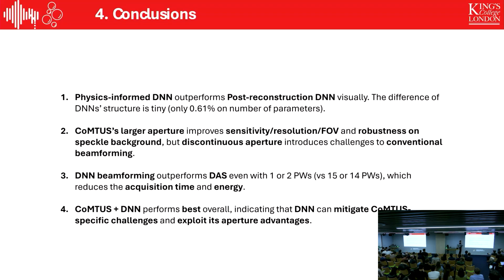But the discontinuous aperture introduces extra artifacts and provides more challenges for conventional beamforming. Thirdly, the deep neural network outperforms delay and sum even with 1 or 2 plane waves versus 15 or 14 plane waves.